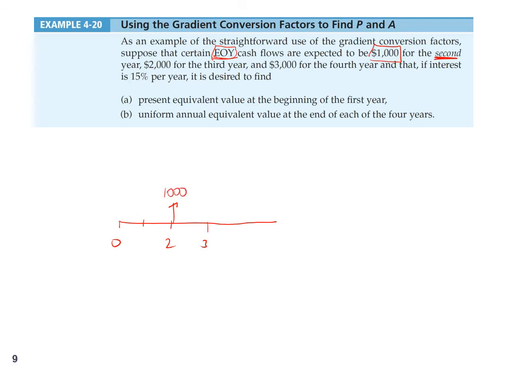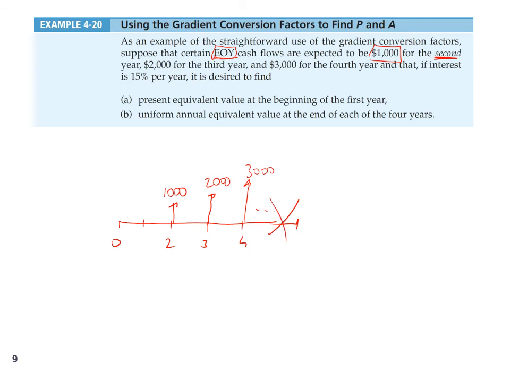And in year 3 it is 2000, and in year 4 it is 3000, and it goes in this way. So I guess in this question there are only 4 periods. We don't have the rest, so just ignore this part.